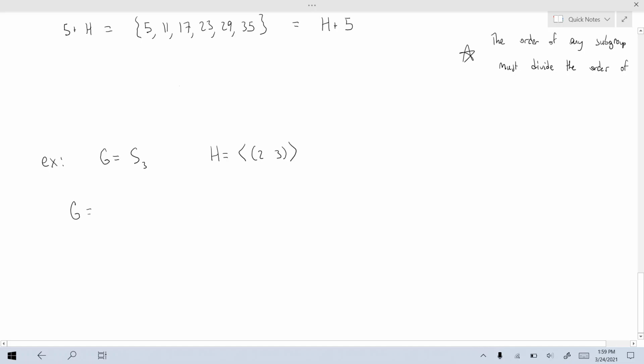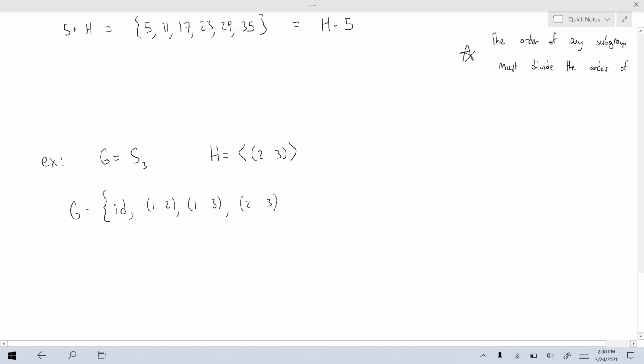So let's see here, the identity permutation is certainly one of the elements. Let's see here, what are all of the transpositions that we could have in S3? So (1 2), (1 3), and then (2 3).